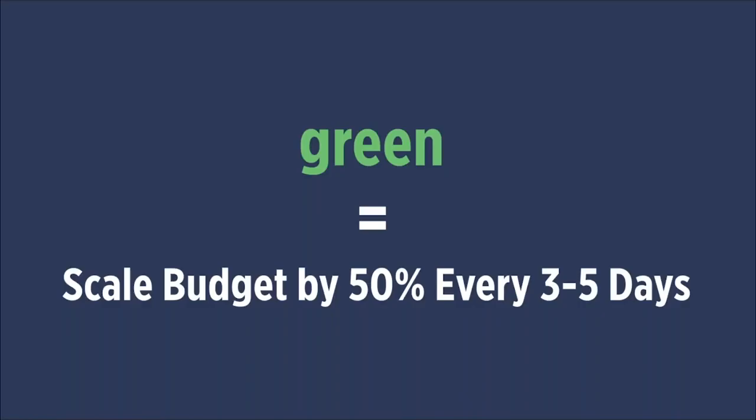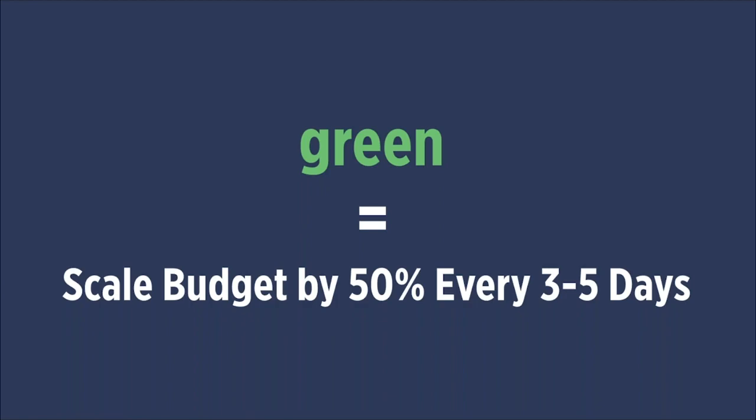So anything that's in the green that has about 20 to 30% of wiggle room left when it comes to return on ad spend or cost per lead or cost per acquisition, every 3, 5, maybe 7, 10, or 14 days, depending on the longevity aspiration of the campaign, you will go in and scale those budgets.